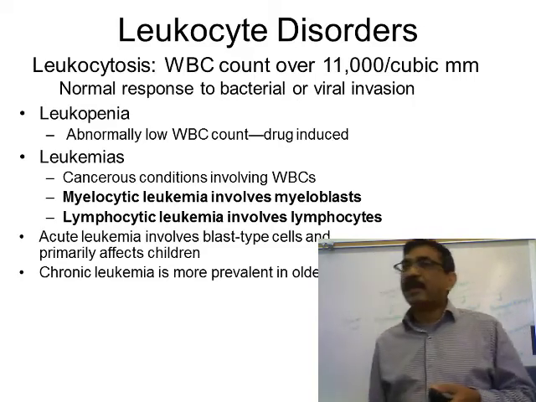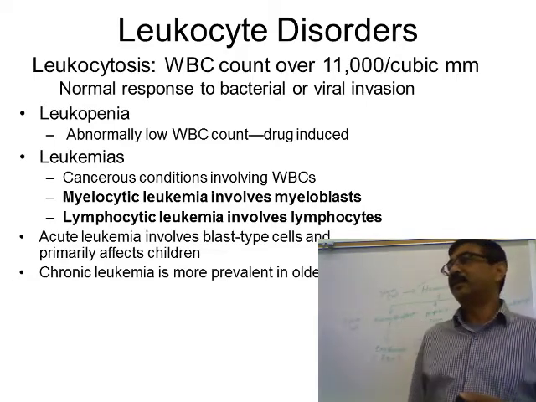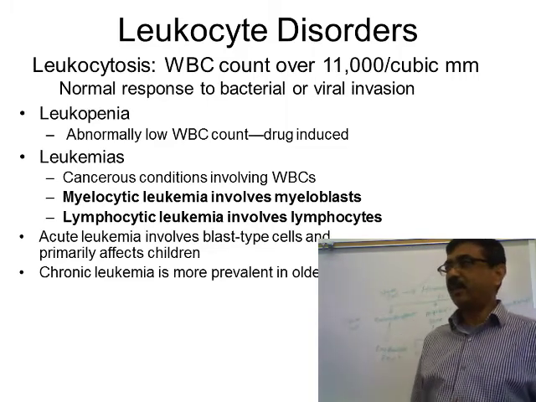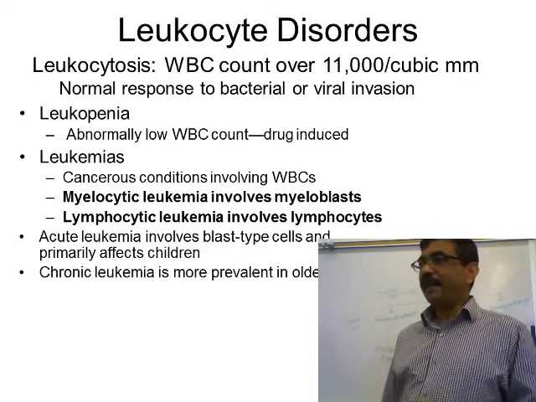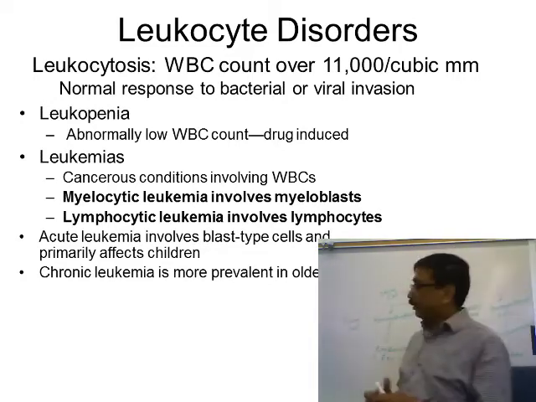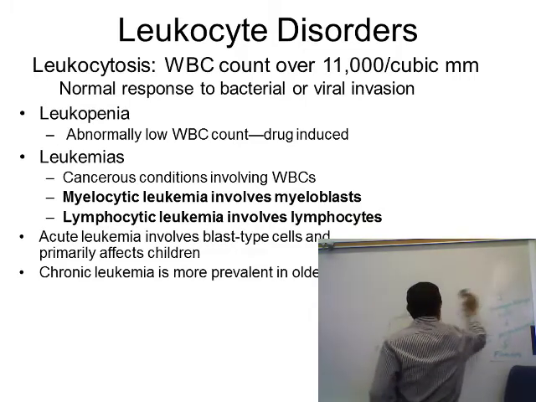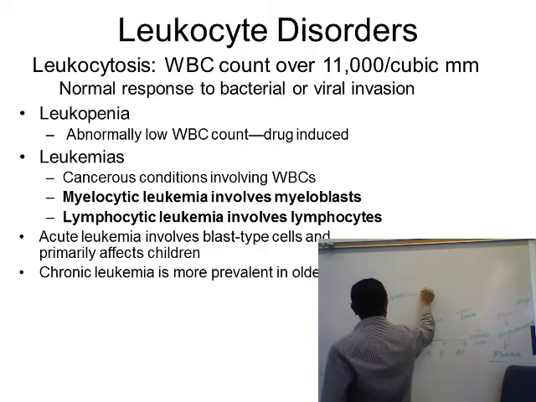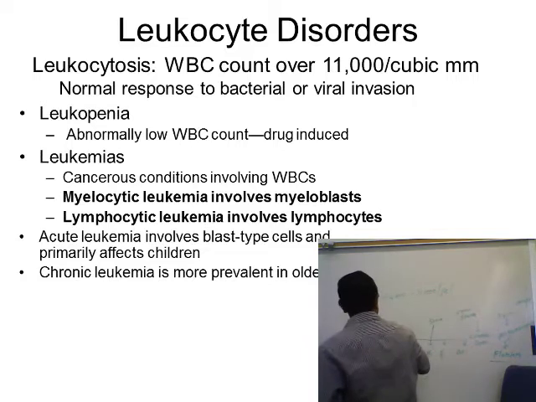Leukopenia. The number of white blood cell is lower than normal. Penia means decreased count, decreased number. That is called leukopenia. The normal count of white blood cell is between 4,000 to 11,000 per microliter or cubic millimeter of blood.